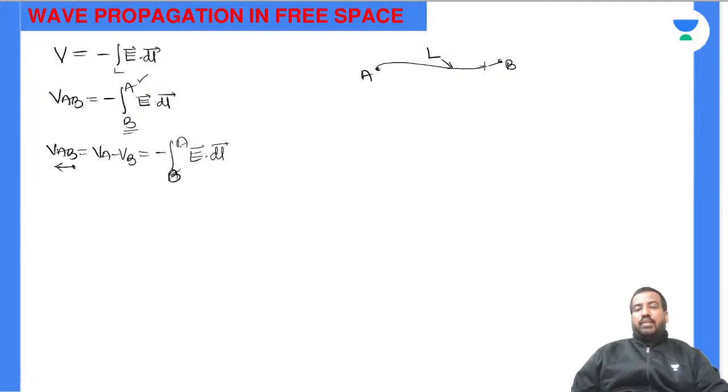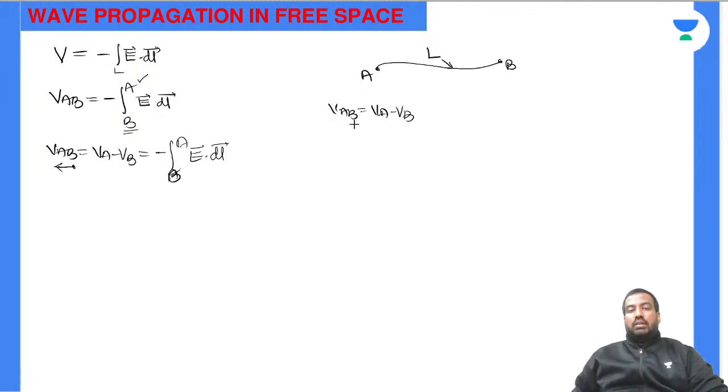Simply, if I want the potential between these two points, it is VAB, which is VA minus VB, moving from B to A. If I want the potential between A and C, VAC is VA minus VC.